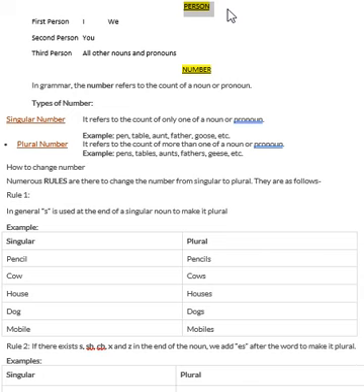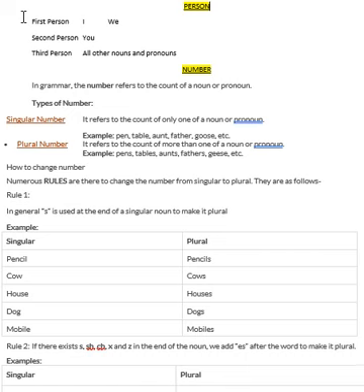There are three persons in English grammar. In every sentence we speak, there are generally three kinds of persons. The first kind is the speaker, who speaks in the sentence.